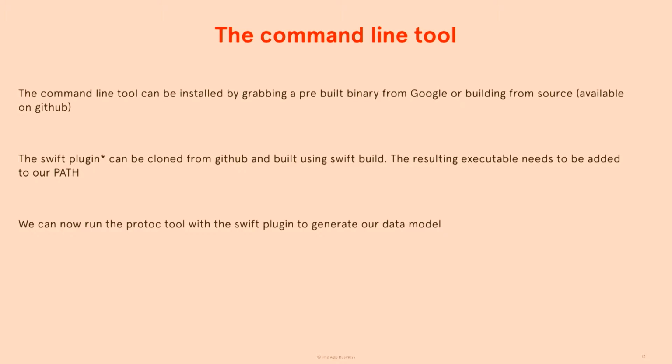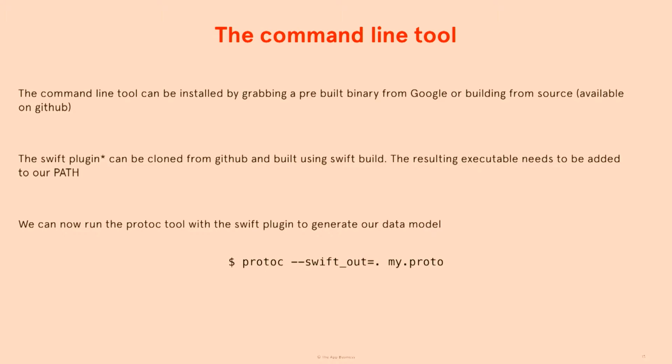So we've defined a Protofile with all of our fields. We can run the Swift plugin and actually generate our entire application's data model just with the following fairly boring command, which, so the Swift out just says we want to use the Swift plugin. If you're doing this in Go, you'd use the go out, and that would use the Go plugin.